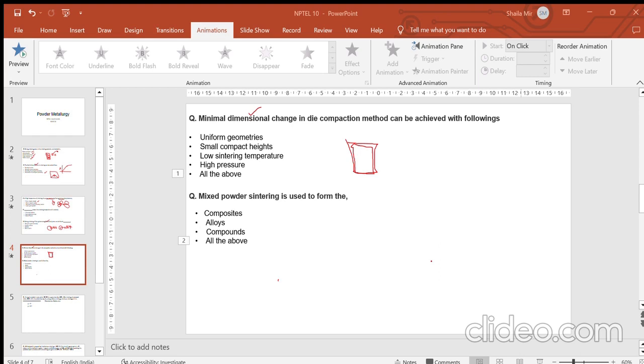Now we have a question that is based on shrinkage, because that will help you understand how shrinkage works in a material. The question says that you have a tungsten powder which is pressed at 150 MPa to a green density of 55%. After sintering, the compact attains 86.8% of its theoretical density.